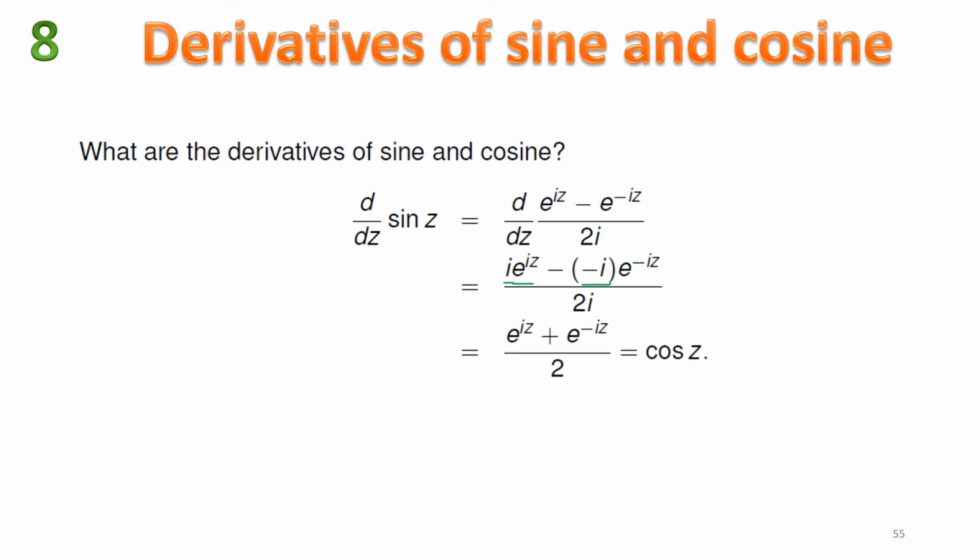So placing it respectively, this minus minus will be plus, and you can cancel this i and this i. So e to the iz plus e to the minus iz upon 2, this is cos of z. Similarly, d/dz of cos of z is minus sine of z.